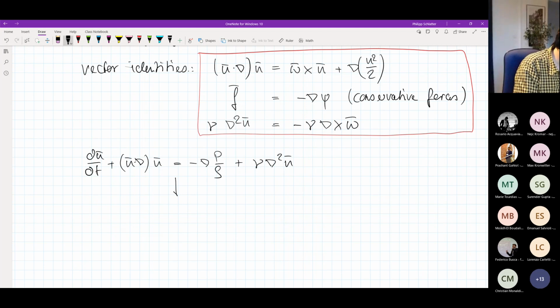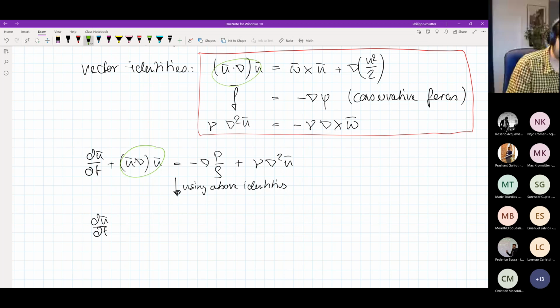So we go to using the above identities. What we will get is du dt. Now we replace this one with this term, for instance. So that means we have plus omega cross u.